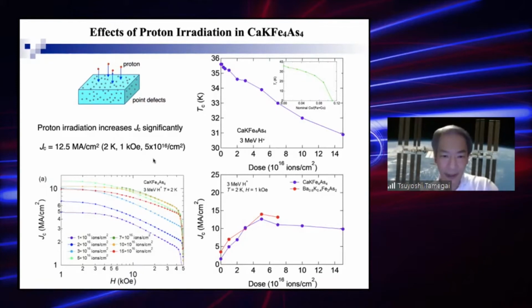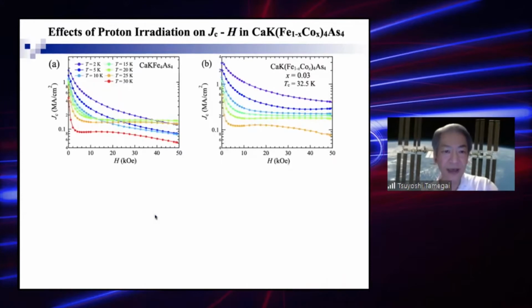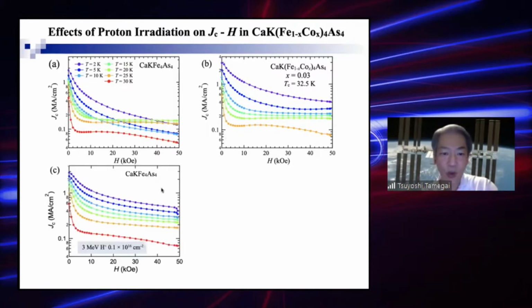But when we introduce protons, not that much, only say a few percent of this, the effect is very similar to cobalt. Once again, this is pristine and cobalt 3%. So when we irradiate only 0.1 times 10^16 protons, these two are very similar.